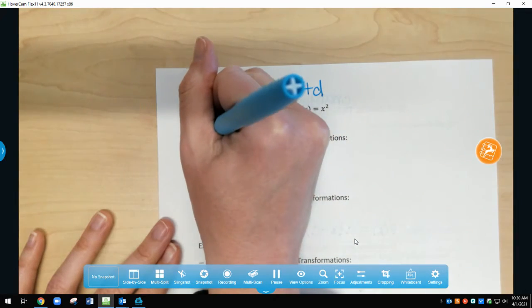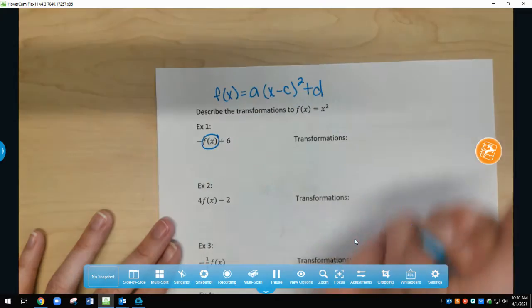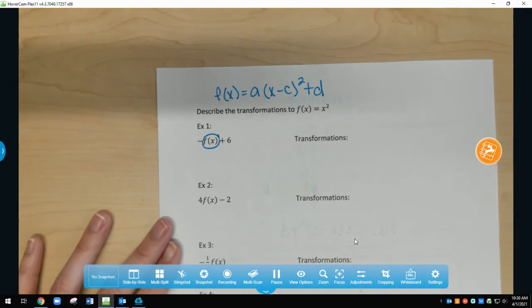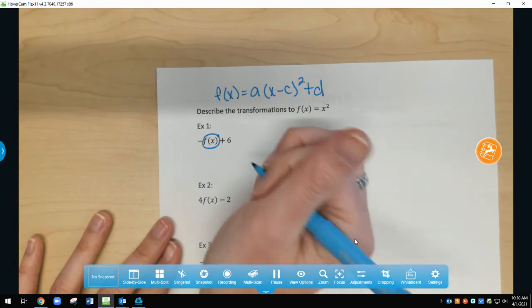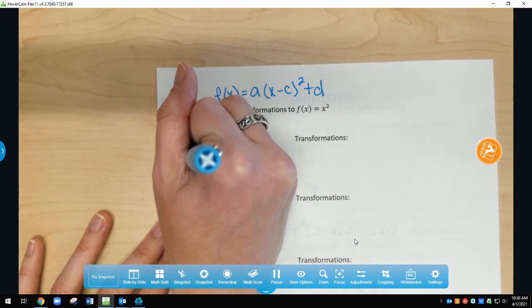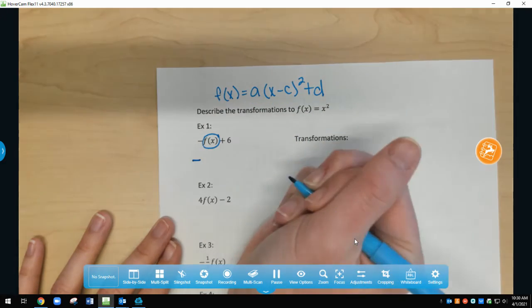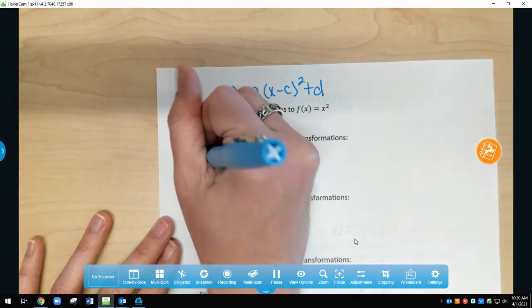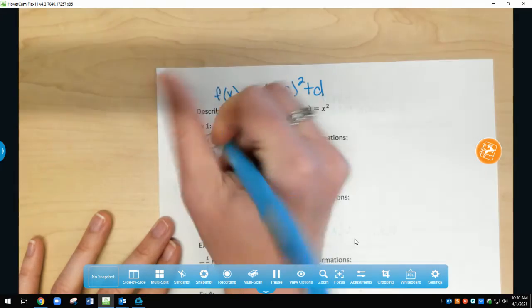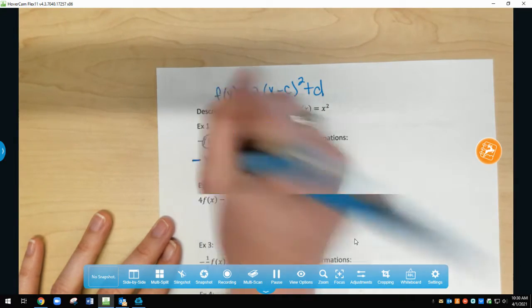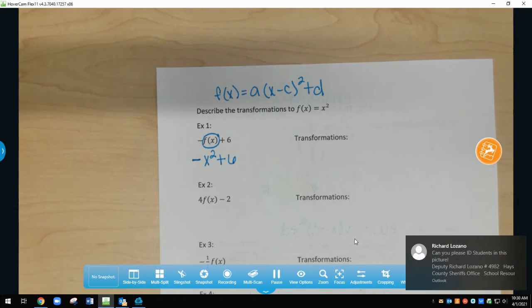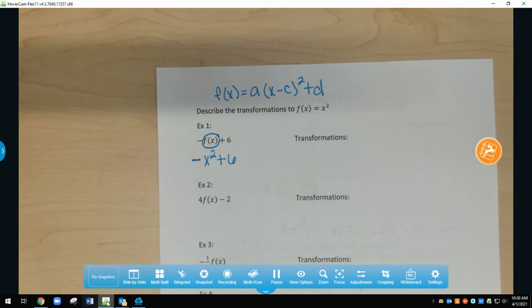So in this first one, I have f of x. So in order to be able to put this in Desmos and see the transformation, I need to rewrite it. So I'm going to have negative, instead of f of x, we're putting x squared and then plus 6. Okay? So we're going to go to Desmos.